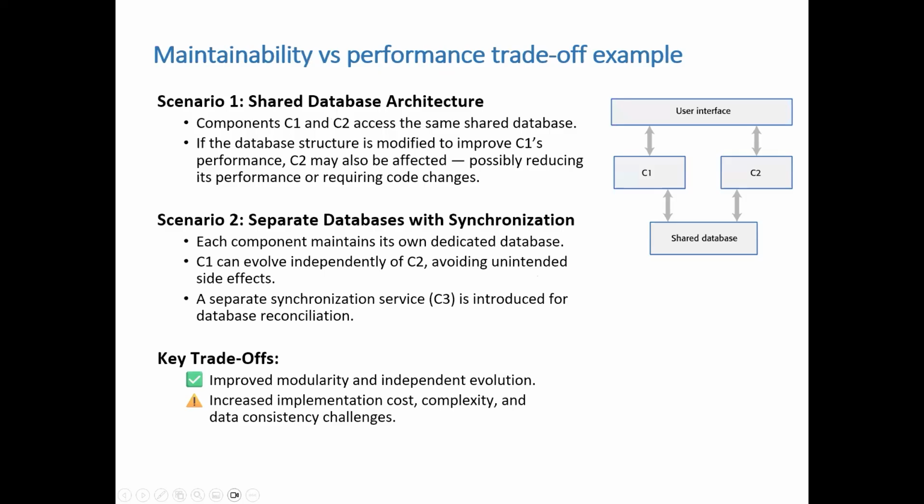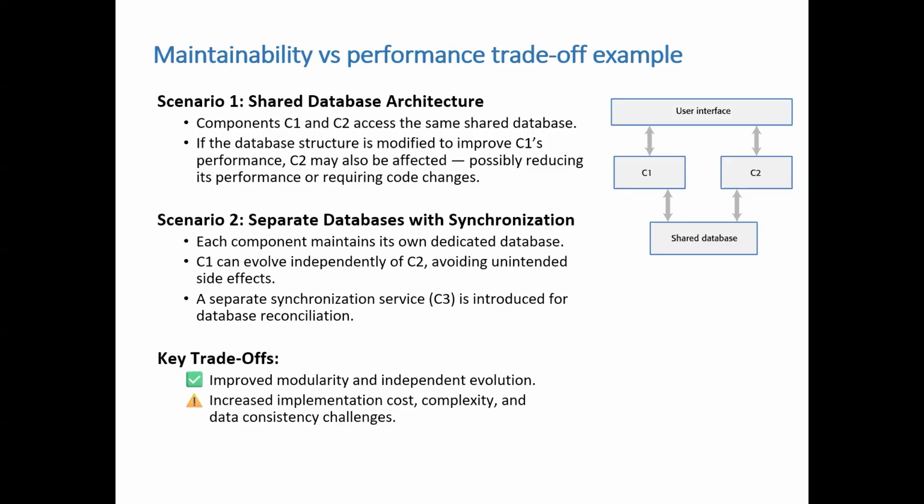Let's bring together what we have learned about database architectures with a side-by-side comparison of two designs. In the first diagram, we see a shared database architecture. Both C1 and C2 depend on the same central database. This setup is simple and efficient in terms of consistency.